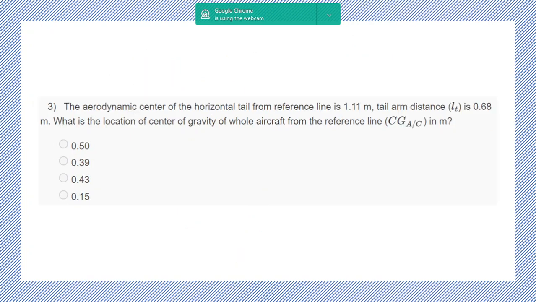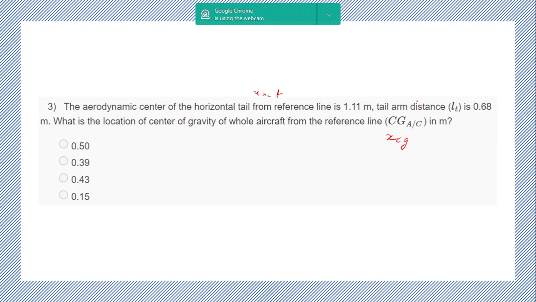The aerodynamic center of a horizontal tail from reference line is 1.1 meter. Tail arm distance LT is 0.68 meter. What is the location of the center of gravity of the whole aircraft from reference line? So basically they've asked you for XCG. They've given you XAC tail, right?